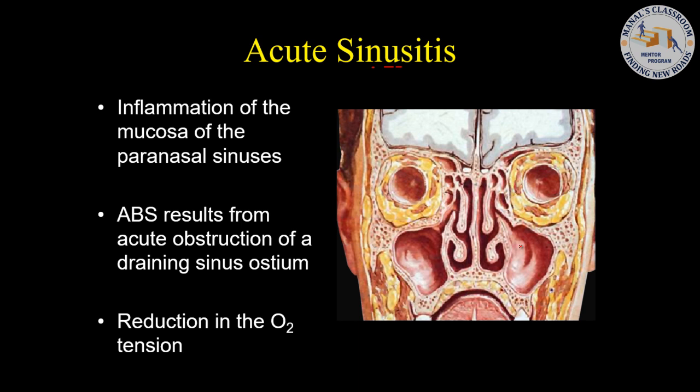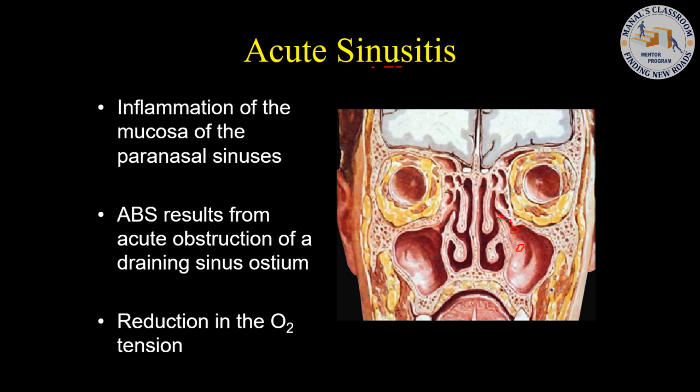So when we look at the normal drainage pattern of the maxillary sinus, realize that here is the maxillary sinus, and the way that you get out of the maxillary sinus is that you extend through this area here, which is the primary ostium of the maxillary sinus, and then the disease continues to extend along the maxillary sinus into this space, which is called the ethmoidal infundibulum.